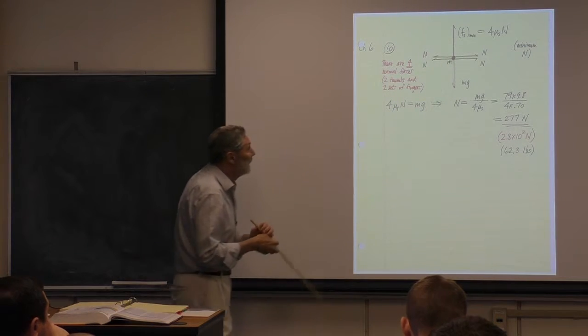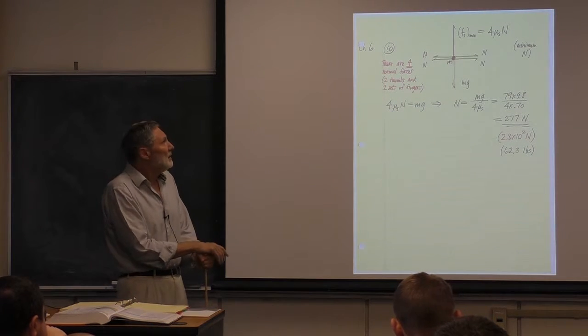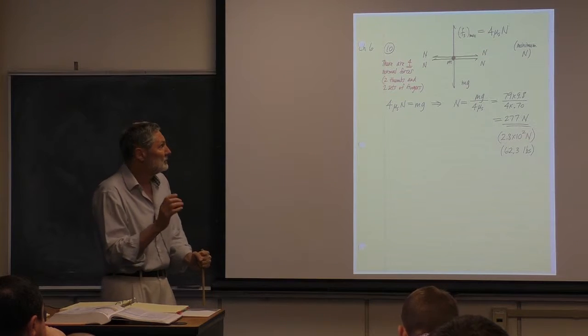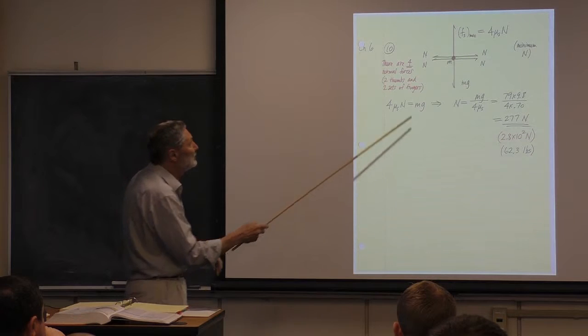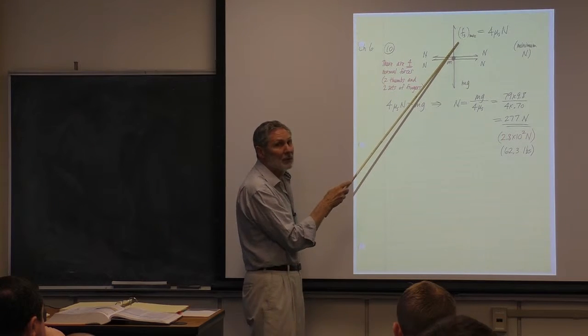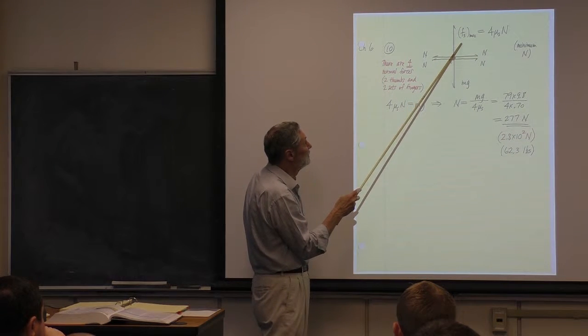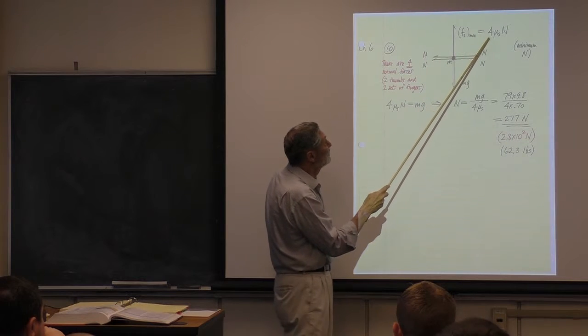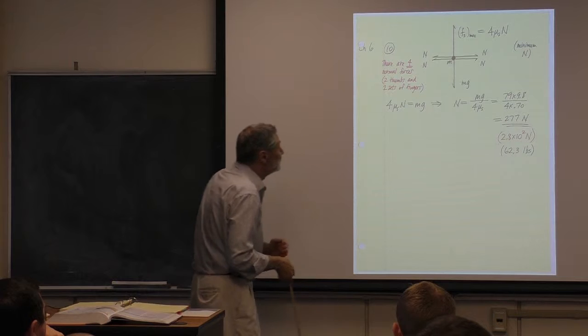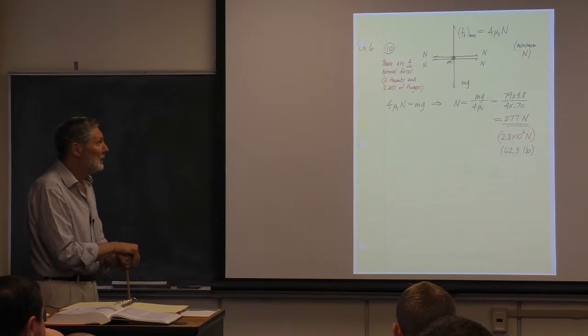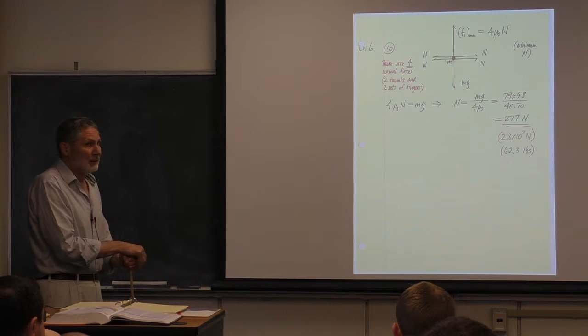And it was balanced by the frictional force. The minimum normal force, which is the minimum applied force, is going to be when the frictional force maxes out, when it's equal to mu times the normal force. And the total normal force here is 4 times the individual normal force in here. So this is the force diagram when the person's barely holding himself up.